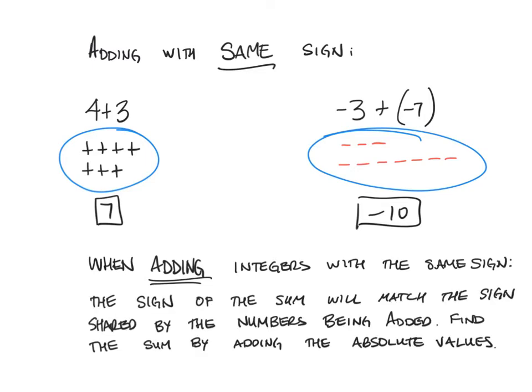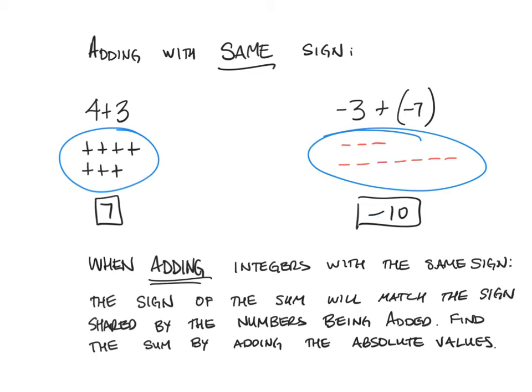If you are adding integers with the same sign, then the sign of your sum, so your result like this or this, will match the sign shared by the numbers being added. We added a positive 4 and a positive 3, so our sum was a positive as well. This one, we added a negative 3 and a negative 7. So we combined negatives. We just made our pile of negatives that much bigger. So our sum was a negative as well.